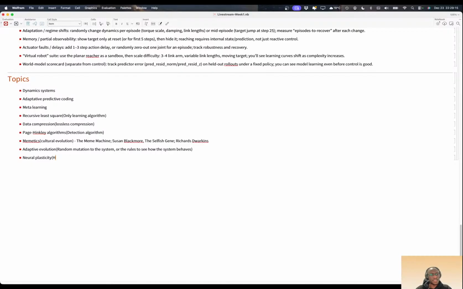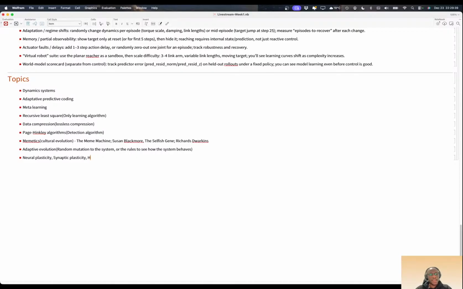So these three, synaptic plasticity. Plasticity just means how flexible the strength or weakness of the connection between neurons is.